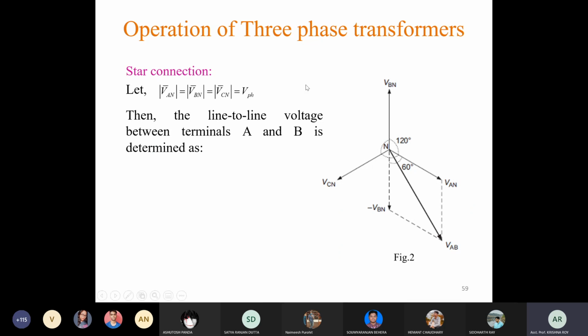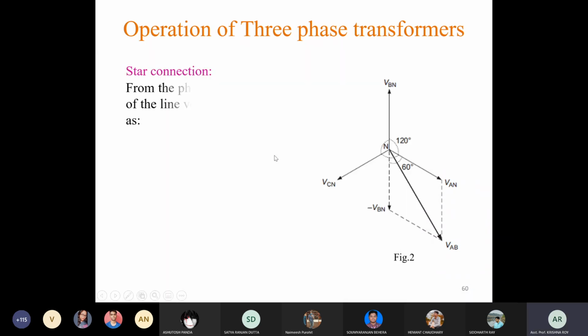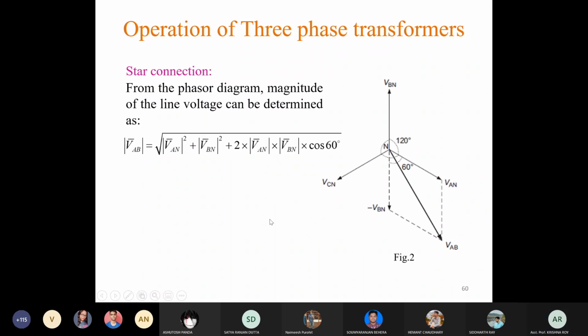So let us consider the calculation of VAB first. So VAB is equal to VAN minus VBN, which is, we can use this formula, or even we can write this as the sum of the components of VAN along this line and VBN along this line.